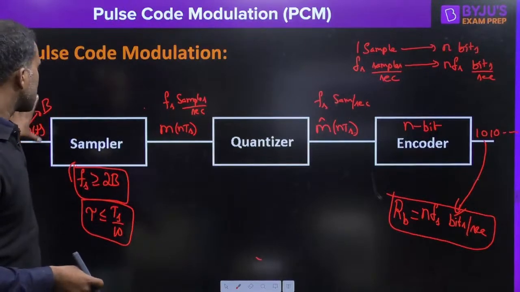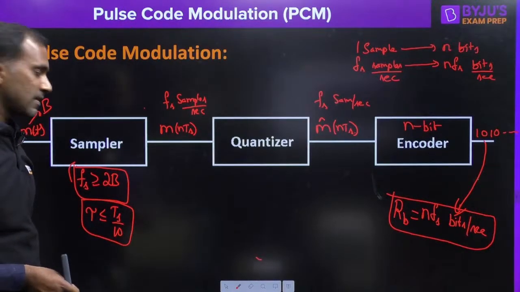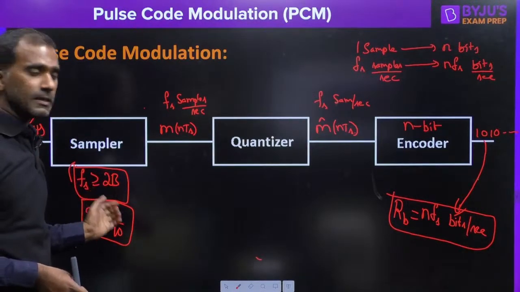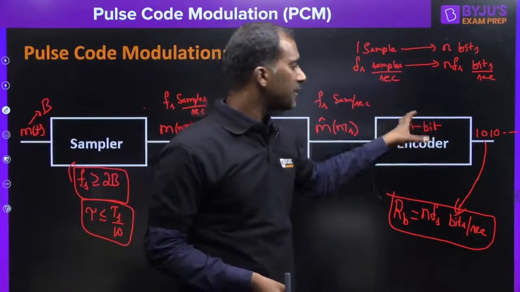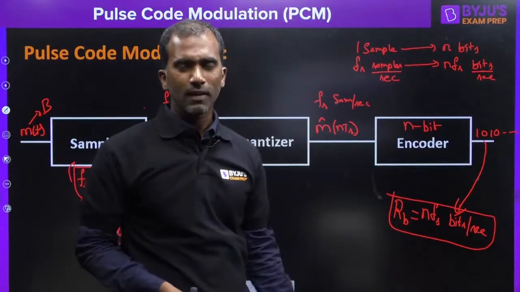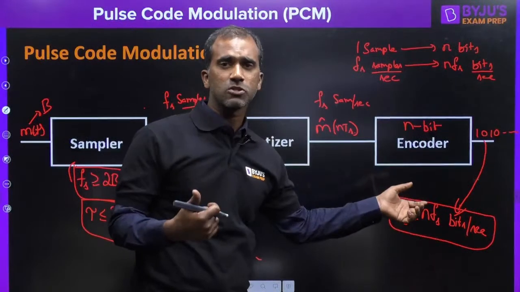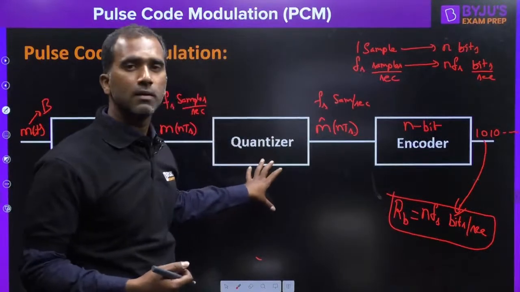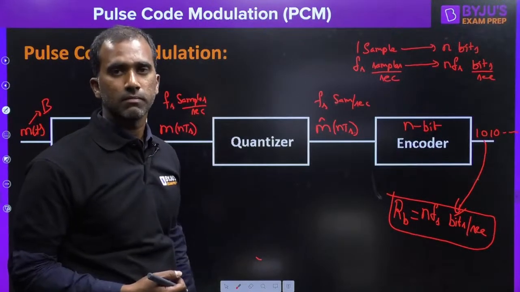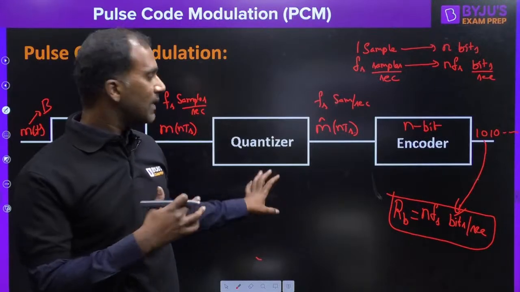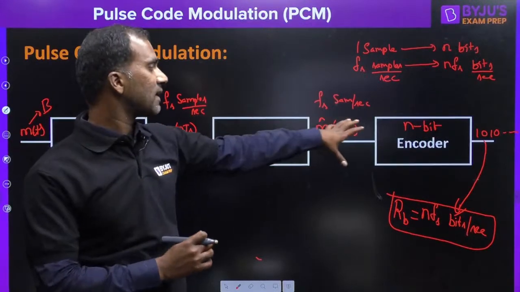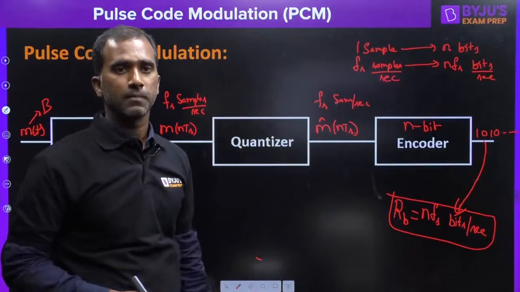One is the bandwidth of the signal, which decides the sampling rate. The second is how many bits we use for encoding. We choose that based on how much quality we want, based on the quantizer and the quantization error, how much quality reduction is okay for us. Based on that, we select an optimum value of n.